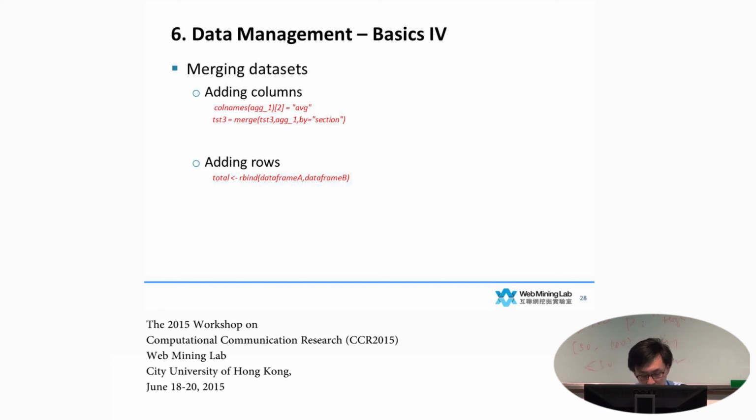This actually is section average. Take care of the spelling. Rename the column to section average, and then we use the function merge.